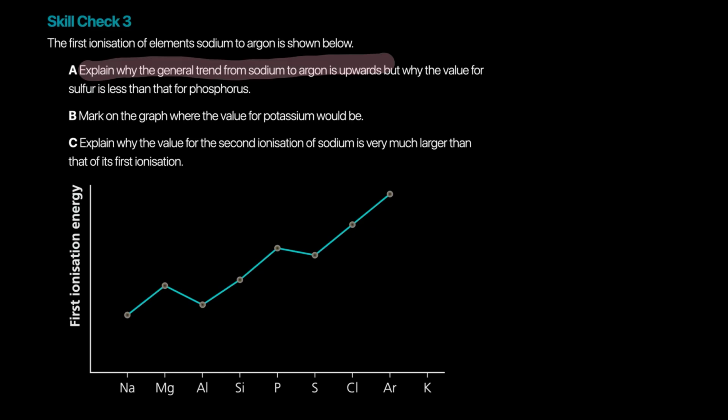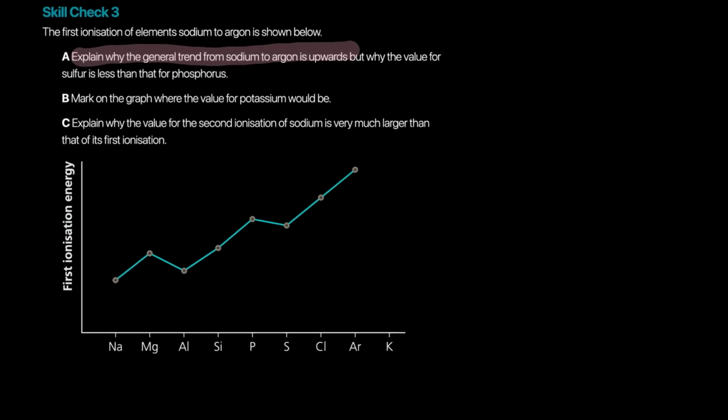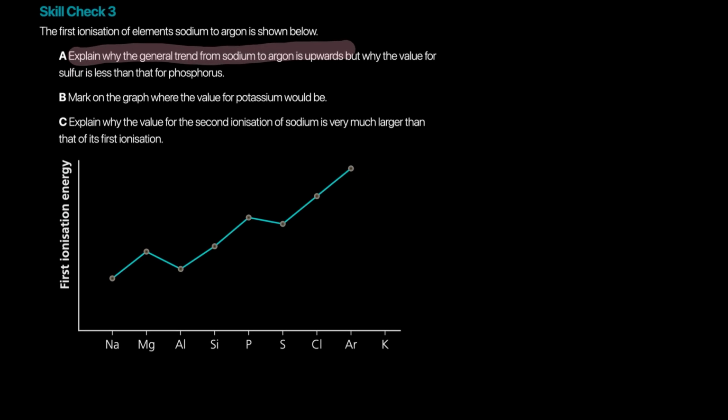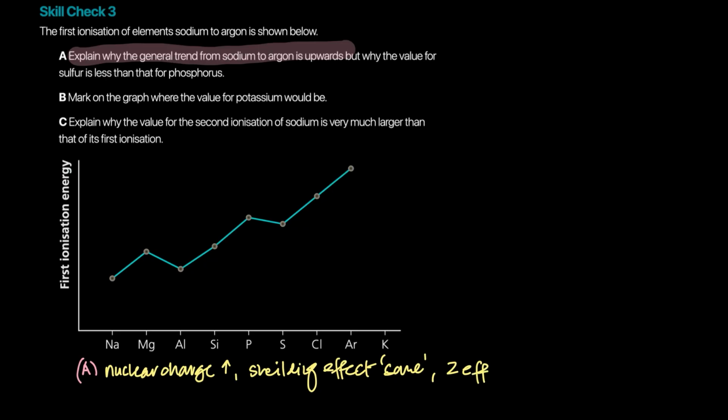So for A, I would say that the nuclear charge across the period increases, the shielding effect stays the same. Therefore, effective nuclear charge increases. Therefore, more energy is required to lose the outermost electron. That's the answer for part A.